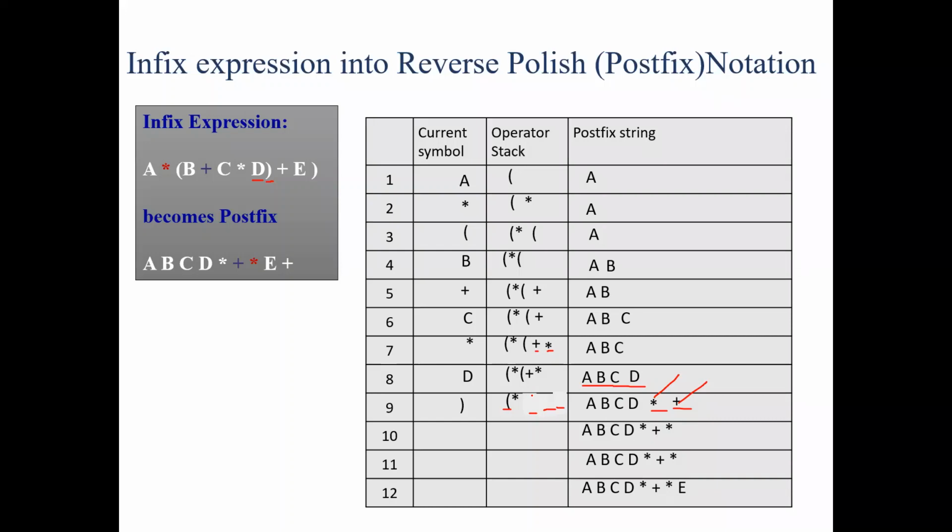The left parenthesis will be just removed from the stack. So whenever we encounter a right parenthesis, pop and print all operators from the top of the stack until you reach the left parenthesis, which is just popped out.